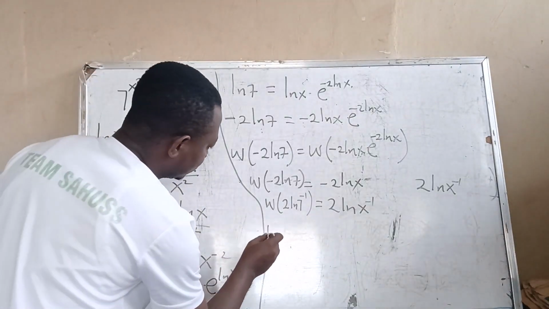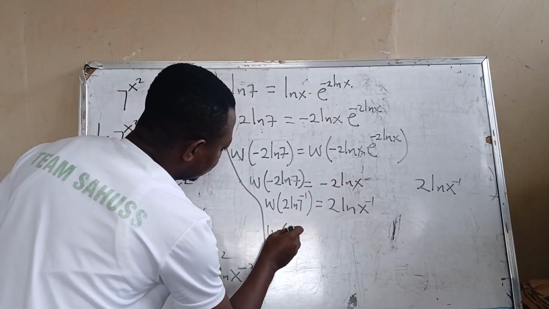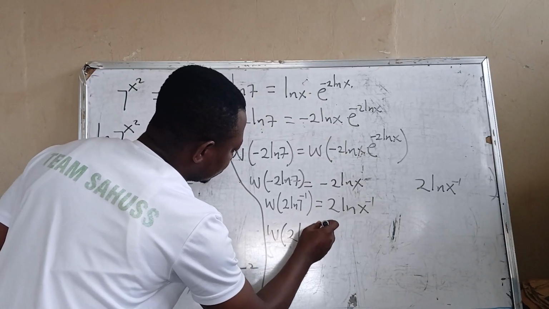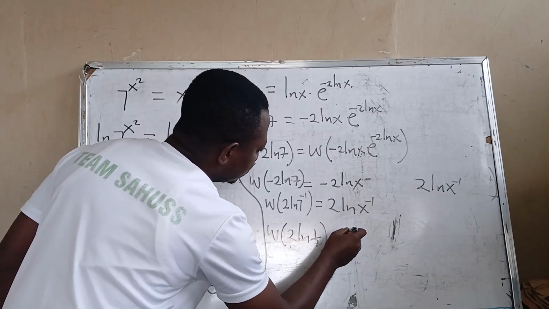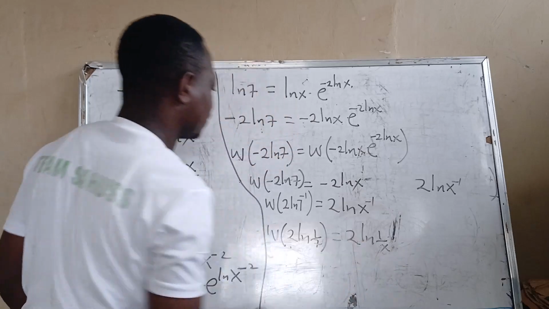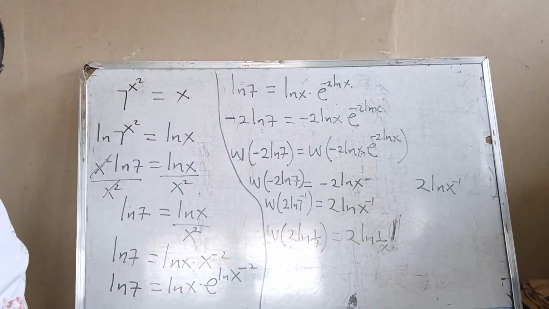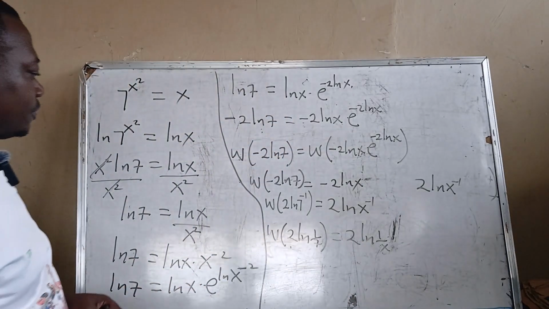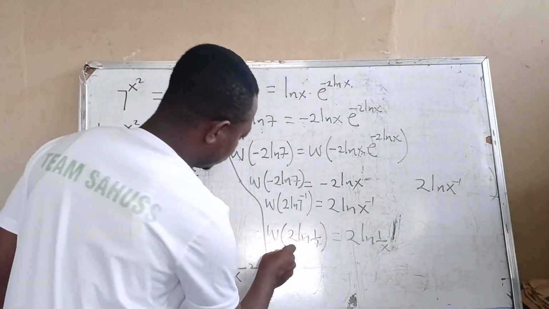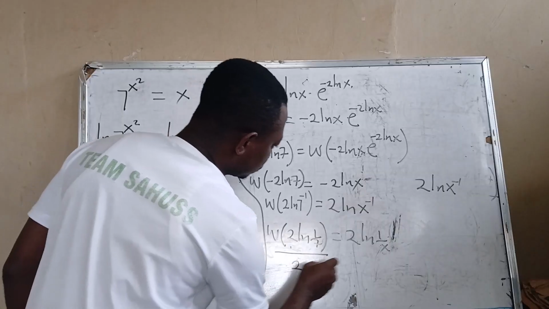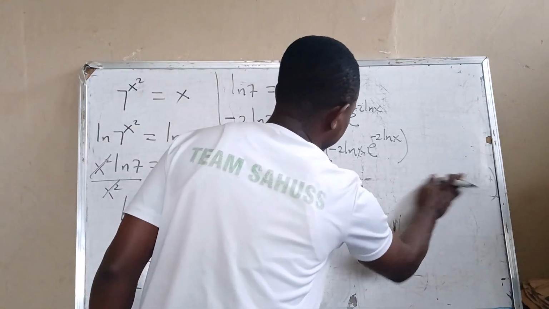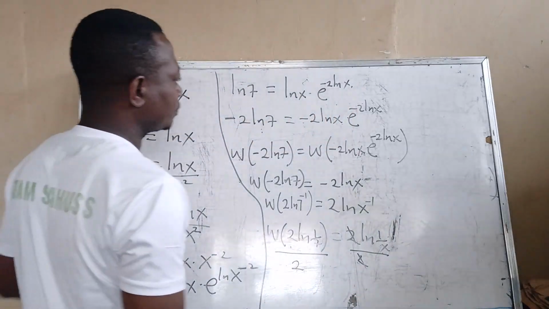So I can say the W function of 2 ln of, so this one is the same as 1 over 7, and this one will be 2 ln of 1 over x. Okay, now since we are after x, I can divide both sides by 2. So over 2, over 2, this one will cancel.